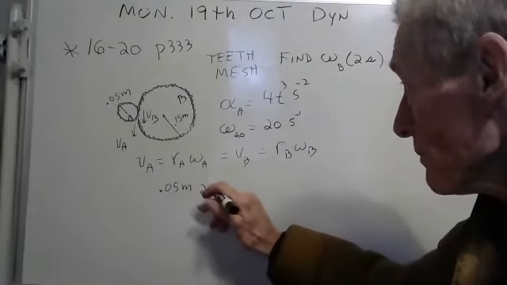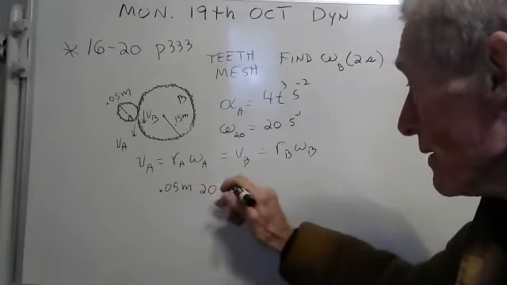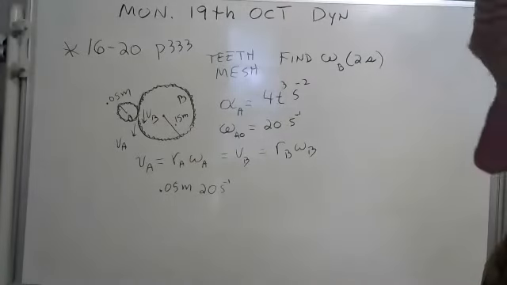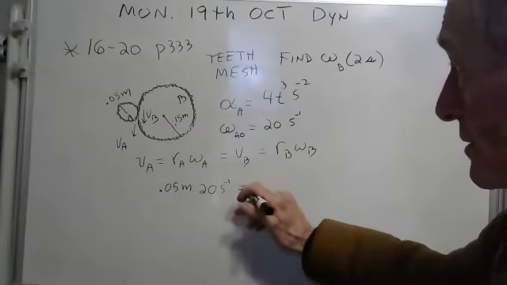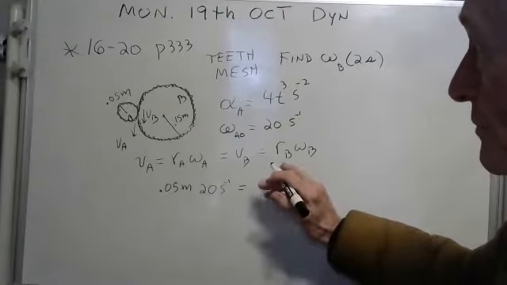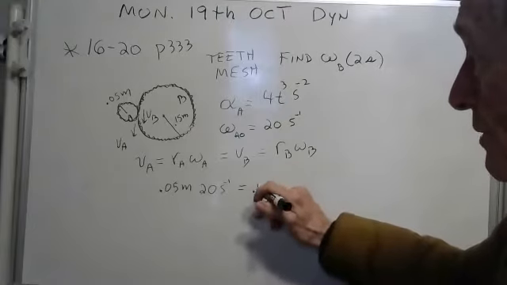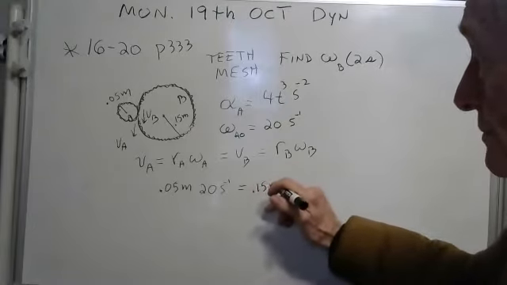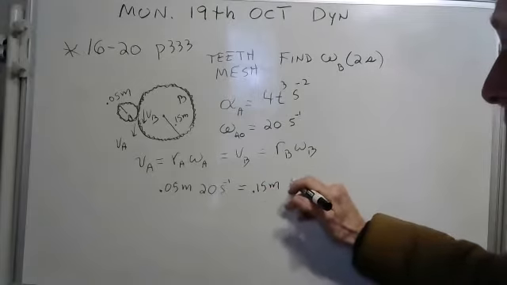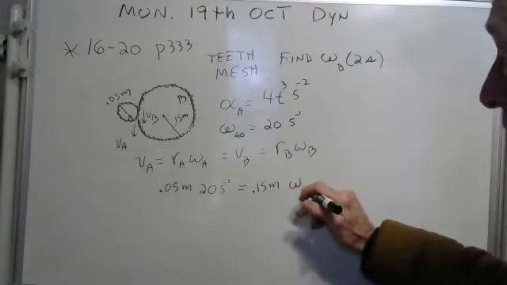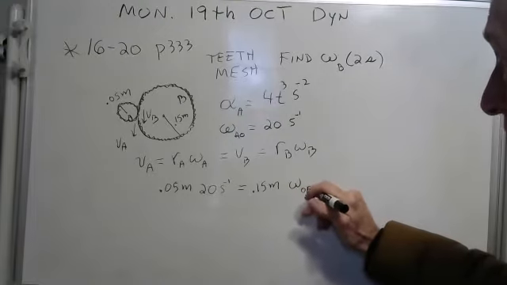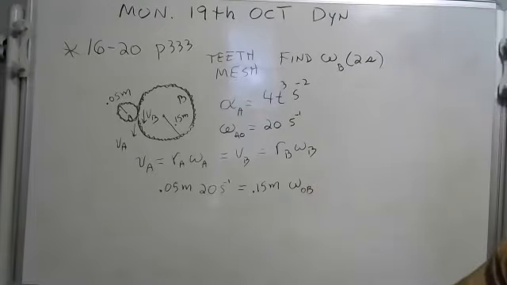Put in the 20, and we can get the initial velocity of B. See, now B has a radius of 0.15 meters. And what this is going to be is the initial angular velocity of B. We might need that. I don't know.